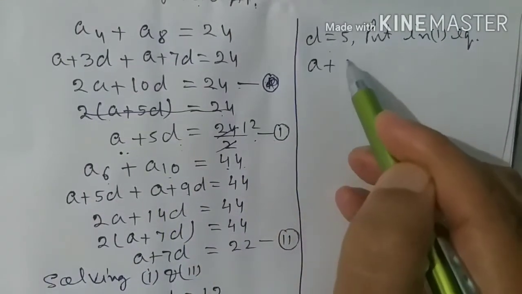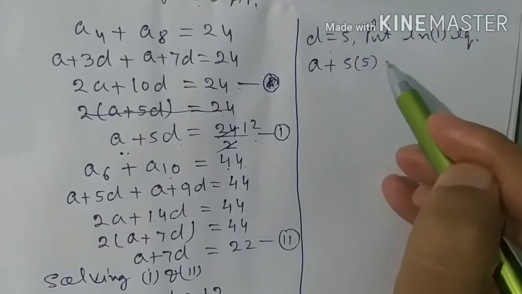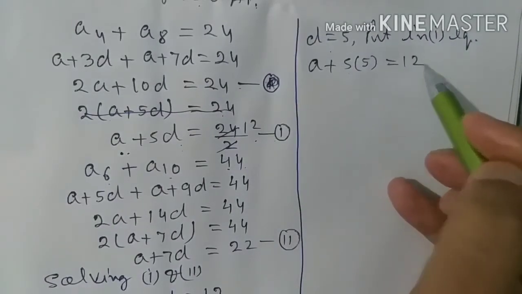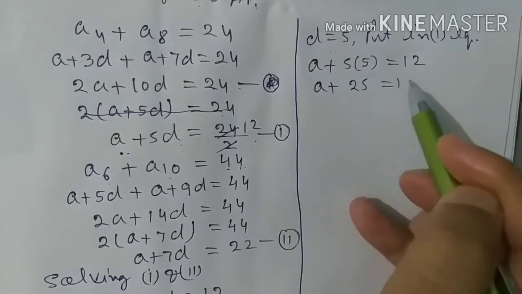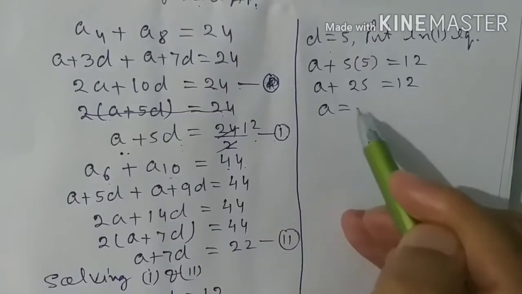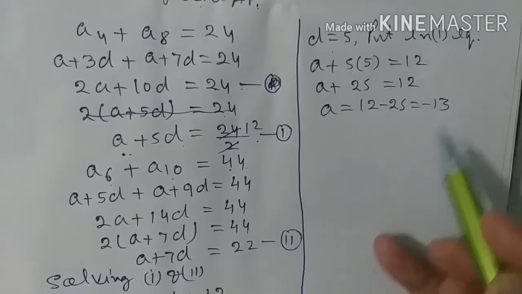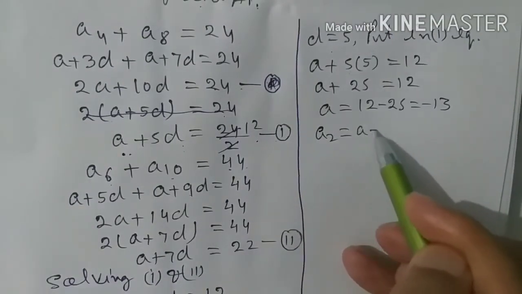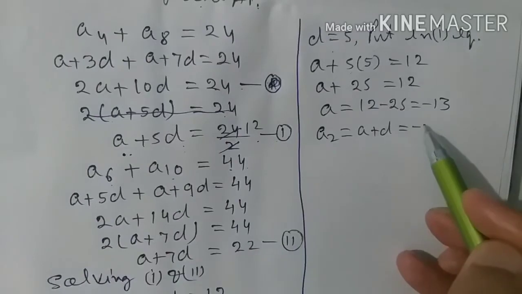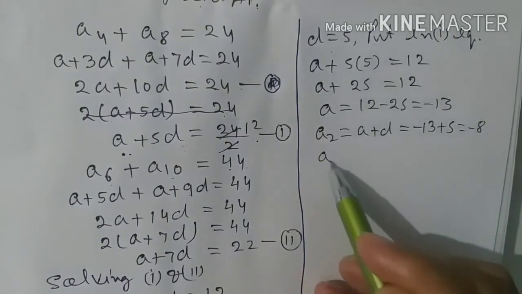A plus 5 into D, which is 5, is equal to 12. A plus 25 is equal to 12. A is equal to 12 minus 25, which is minus 13. Then A2 means A plus D: minus 13 plus 5 is minus 8.